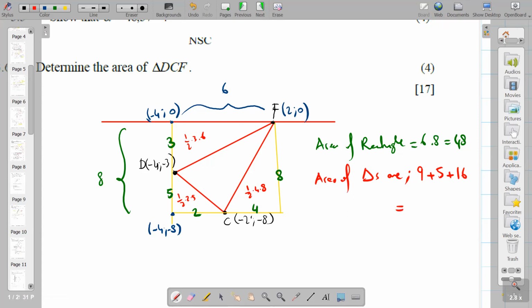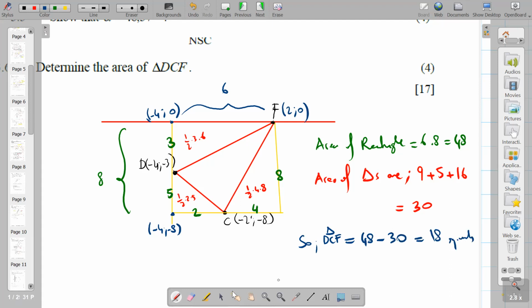So area of triangles add up to 30. So then the answer is, the DCF area is 48 minus 30. It is 18 square units.